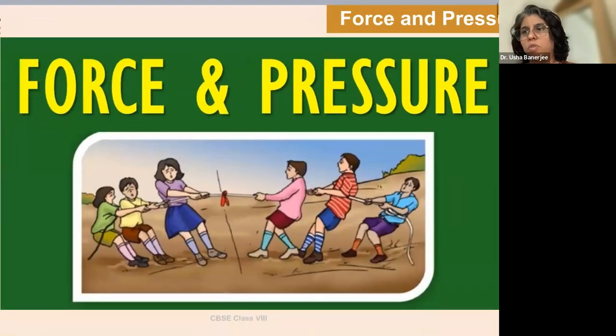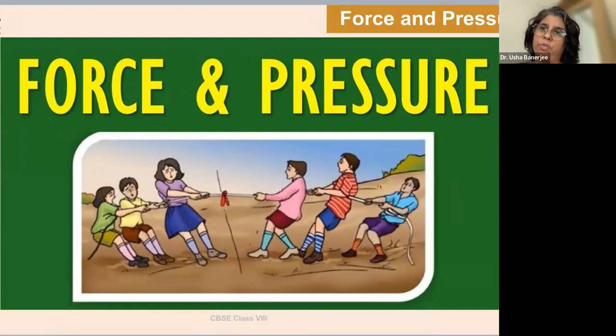So today I was thinking that let's do a demo on a chapter of physics. There's a reason why I chose force and pressure. Because, as I told you, science is all about understanding concepts. This concept of force and pressure starts from class 8, and you will have the same chapter in class 9, again in 10.